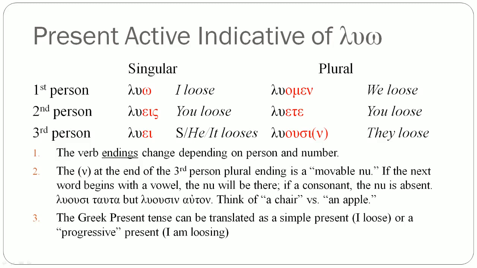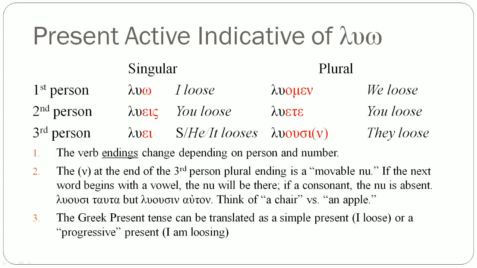And I built an entire sermon around this idea that you can translate the Greek as the light shines in the darkness, or the light is shining in the darkness, emphasizing that the light shines, yes, but it is in progress of shining. And we can still look up and we can still see it.